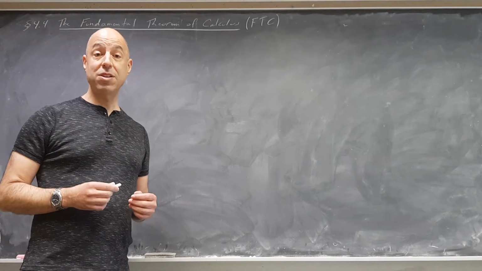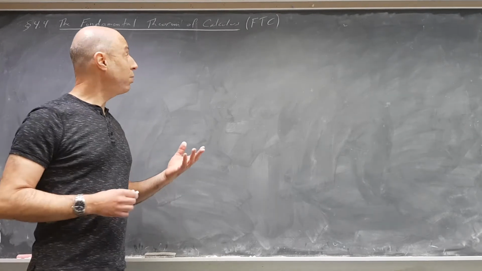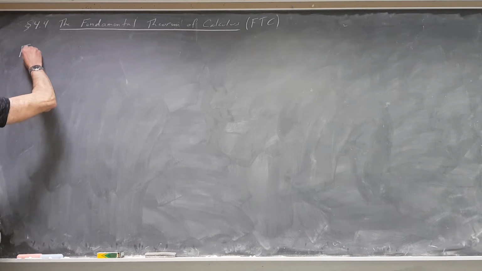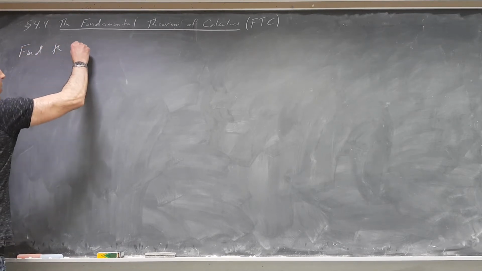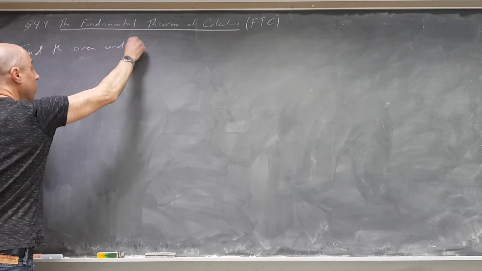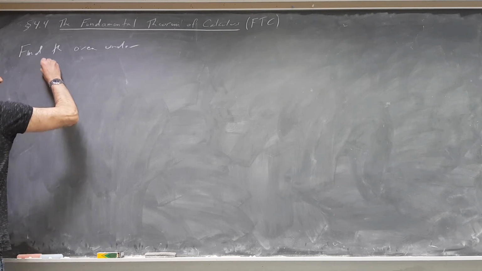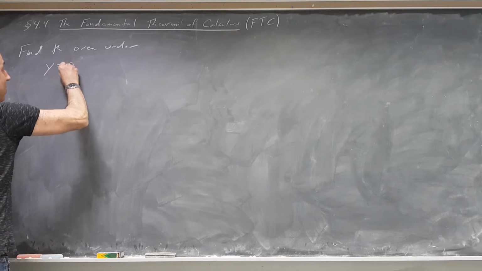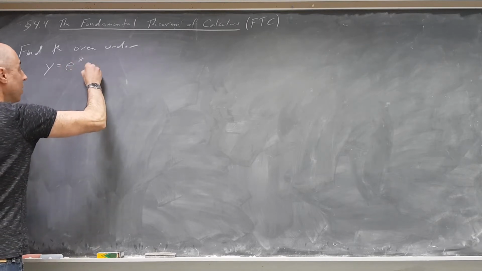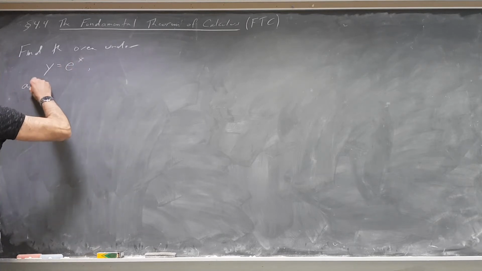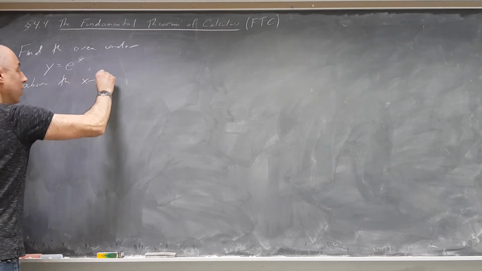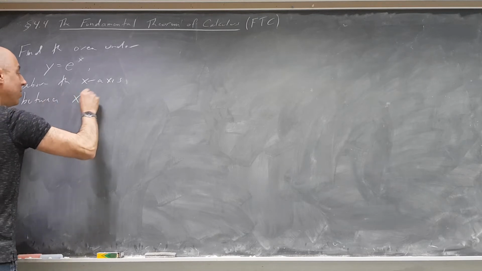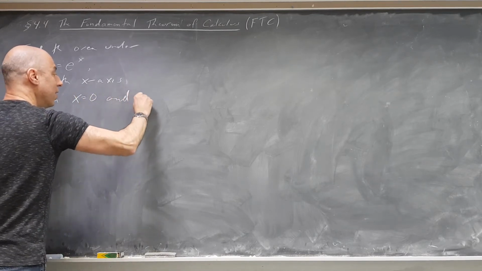Now that we know the fundamental theorem of calculus part 1, let's practice using it. So how about we find the area under the curve y equals, let's say, e to the x, above the x-axis, between x equals 0 and x equals 2.